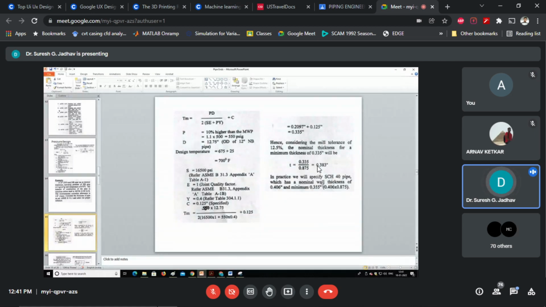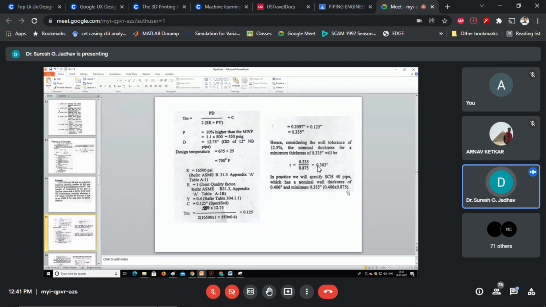Consider this value, and as per schedule 40, here we get 0.406, that is the nominal wall thickness, and the minimum thickness is 0.355.